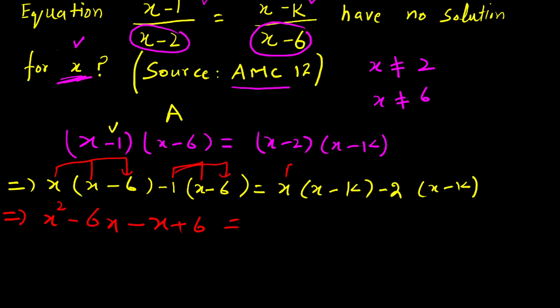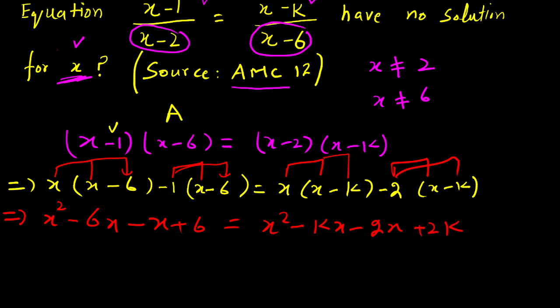On the right hand side, x times x is x square, and when x is multiplied with minus k, it becomes minus kx. By default we write the constant before the variable. Now minus 2 times x is minus 2x, and here minus 2 times minus k is plus 2k.